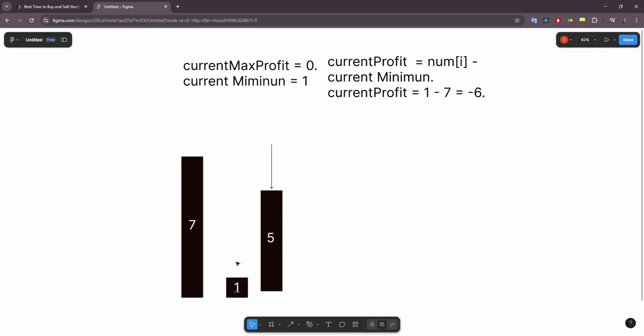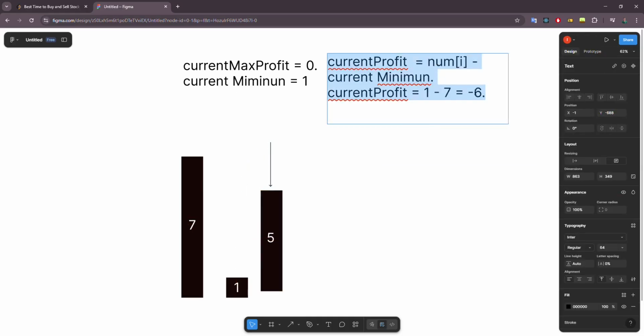So if we buy at 1 and sell it at 5, we are going to get a profit. So let's use the formula here. It's 5 minus current minimum, that is 1. So right now you have a profit of 4.